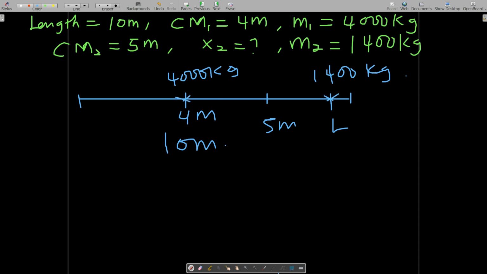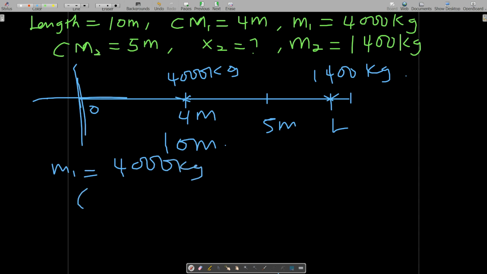Let's say this is the x-axis, and I'm doing it in the horizontal way, but you can do it in the vertical way. Here is the origin. At the point where the mass is 4,000 kilograms, I have the coordinates 4, 0, and at the point where the mass is 1,400 kilograms, I have the coordinates L, 0.